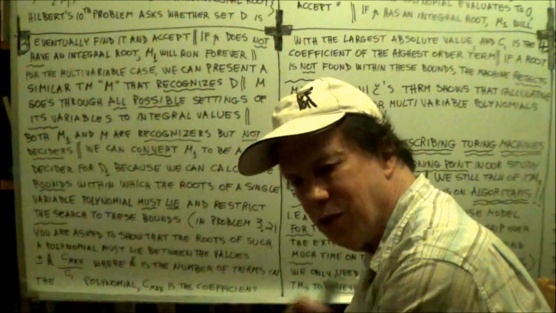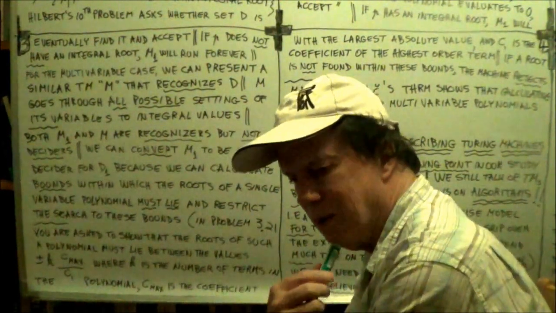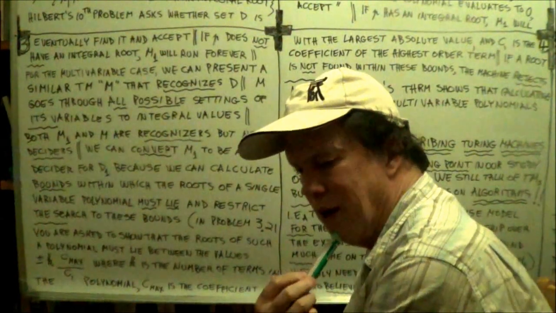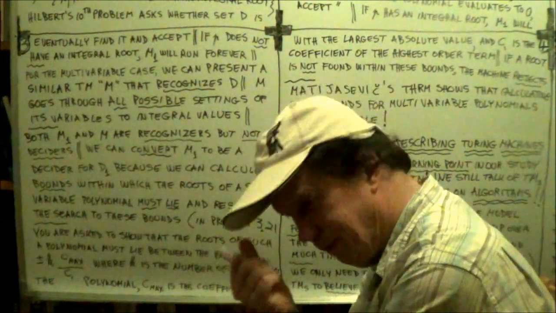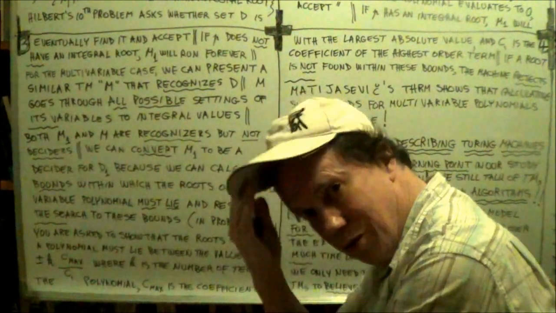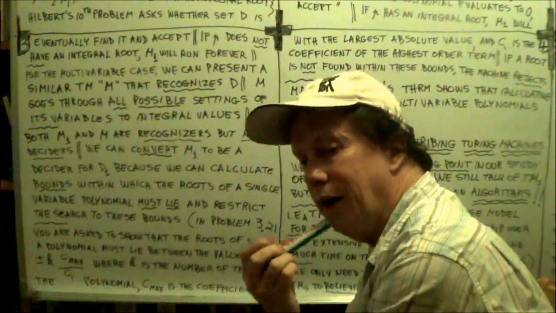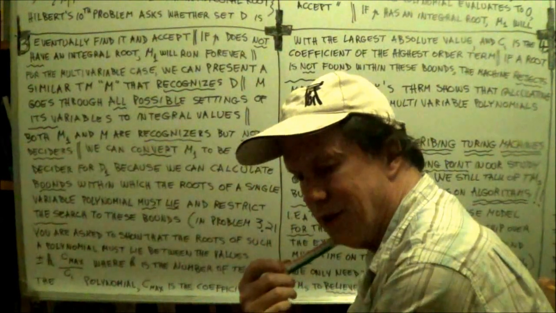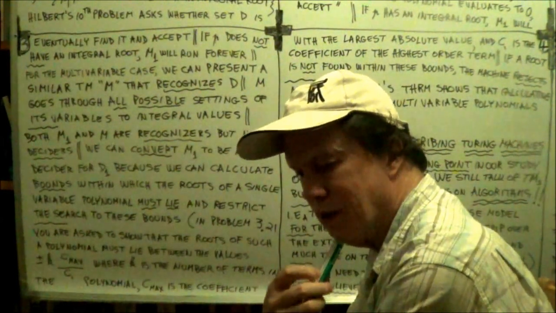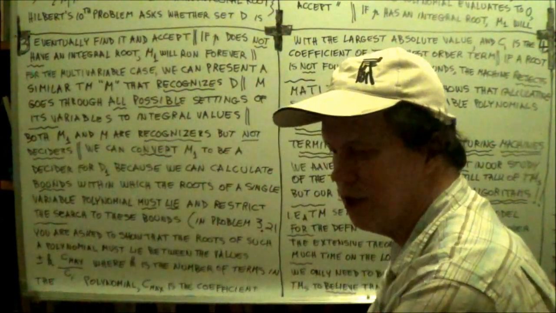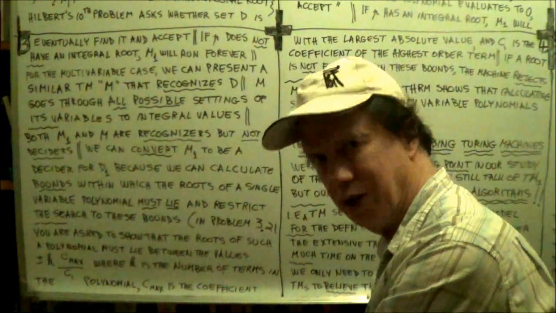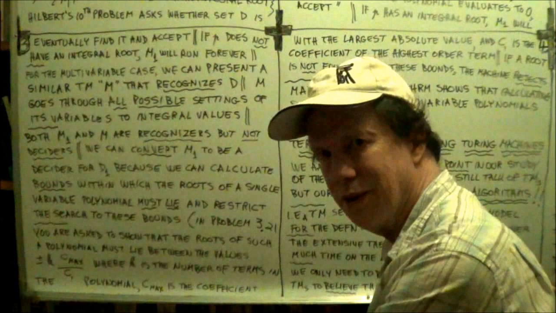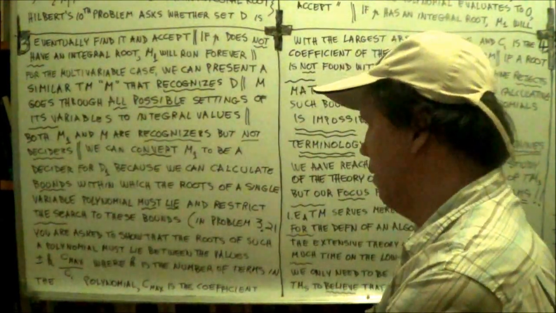So all strings go in, and this modified M1 that uses bounds now in its algorithm, in its Turing machine, can now make a decision on every string, whether it accepts it or rejects it. So it's now a decider. It decides. It doesn't just recognize certain cases.